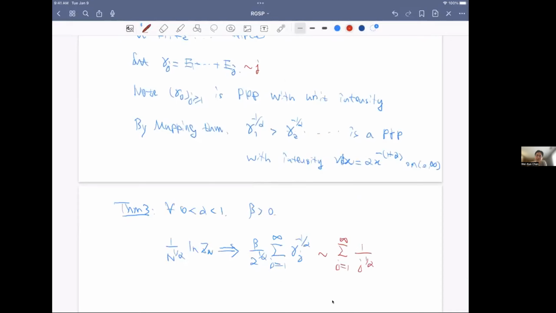As long as your alpha is less than 1, then this is going to be a convergent series. But on the other hand, if you look at alpha bigger than 1, this will be equal to infinity. So just to summarize, the major difference between alpha bigger than 1 and less than 1 is that you see a different way of convergence in terms of the free energy.